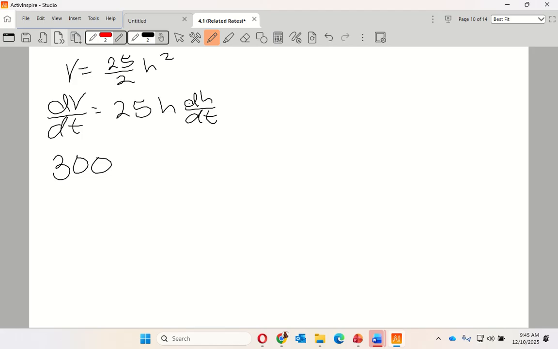Okay, we're going to have a slight issue here, because what is my height? What are the units on my height? Meters.